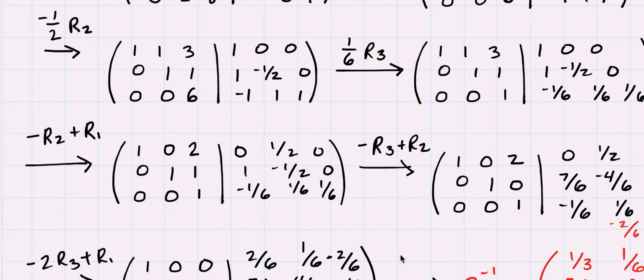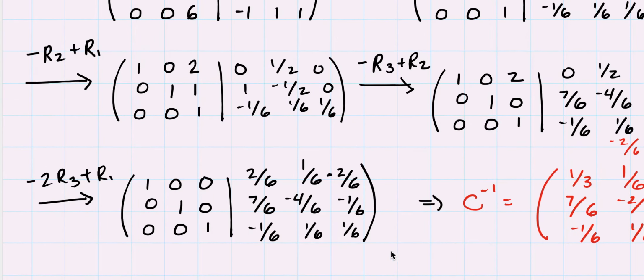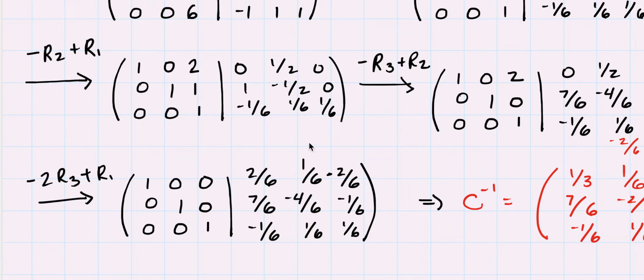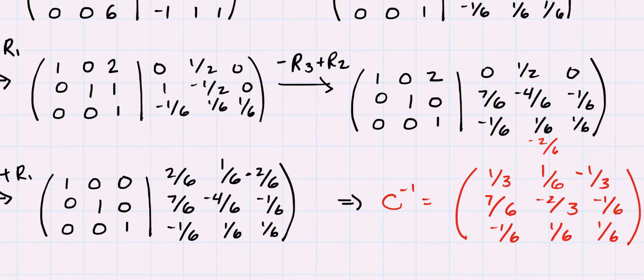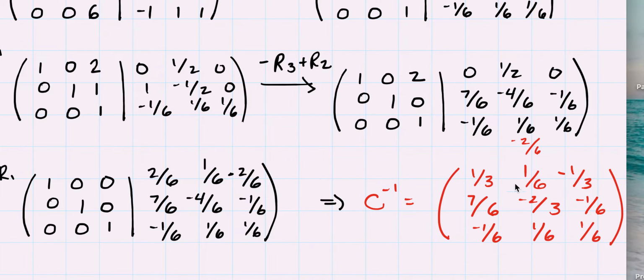And so you end up with, this is your inverse. And over here I actually just put all of those fractions, I reduced them. See, I had 2 over 6, so I reduced it to 1/3. And this is what you should get for your inverse.